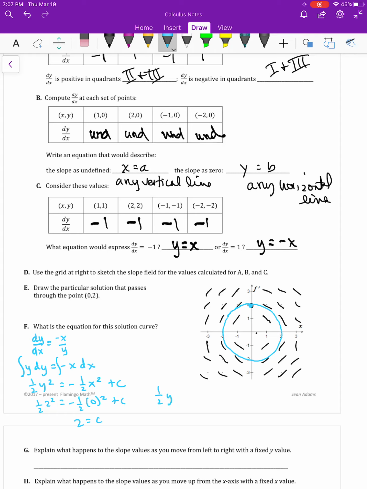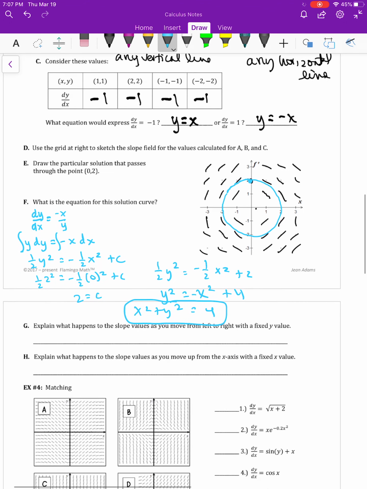Then 1/2 y squared equals negative 1/2 x squared plus 2, and multiplying by 2, we get y squared equals negative x squared plus 4. If we move our x squared over here, we get the equation of that circle: x squared plus y squared equals 4.